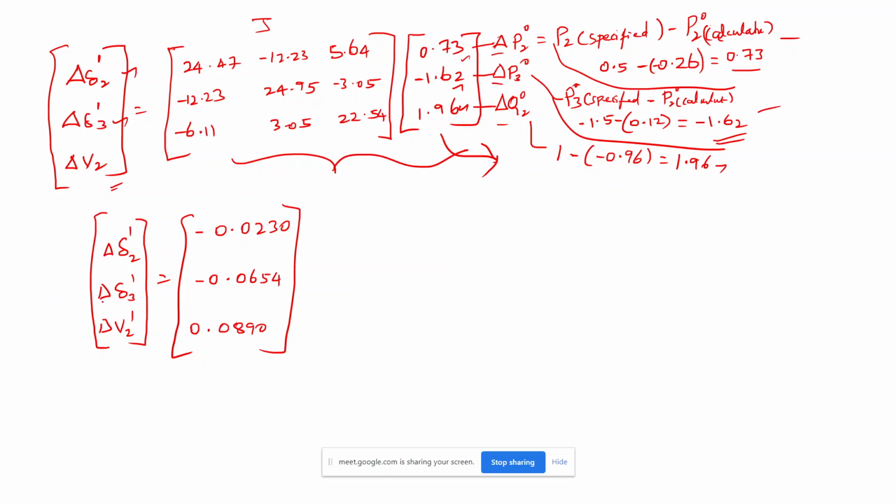So after getting this, we need to go for the final calculation. So this is what we need to find out, del 3 1 and then V2 1.